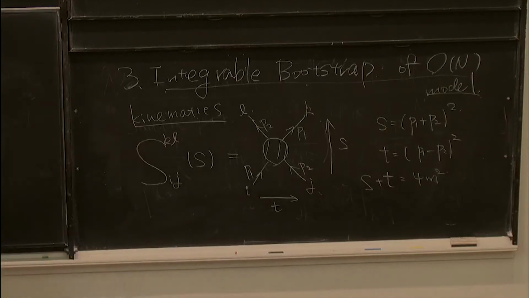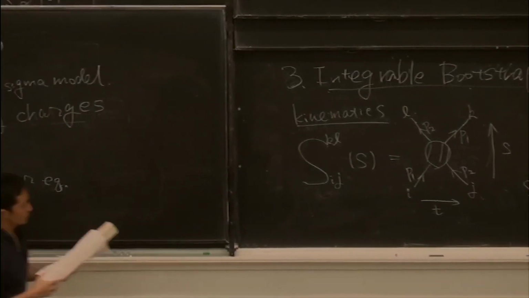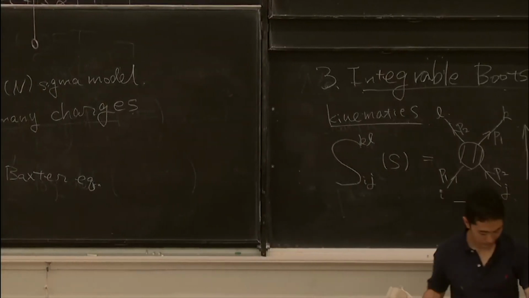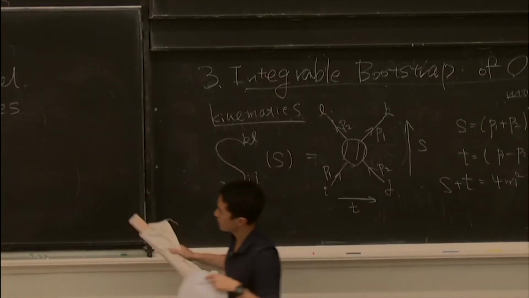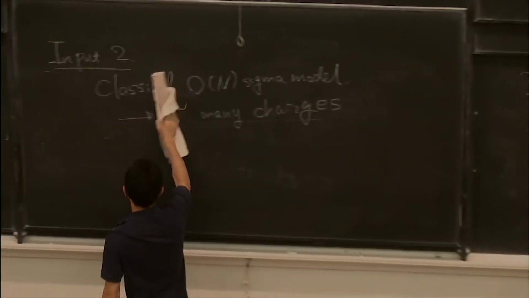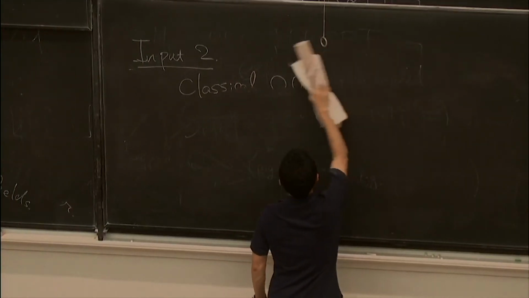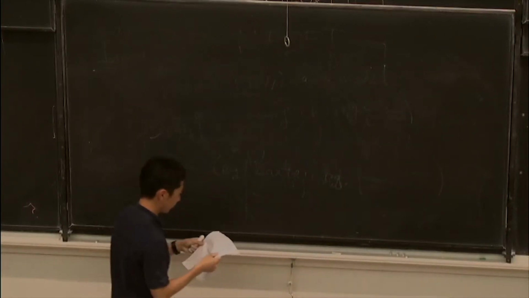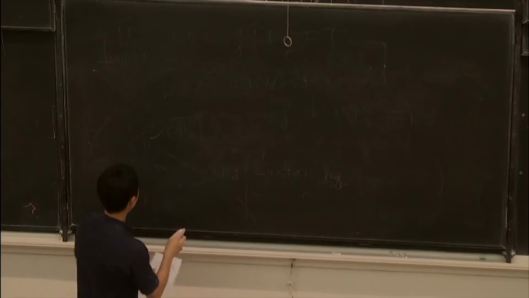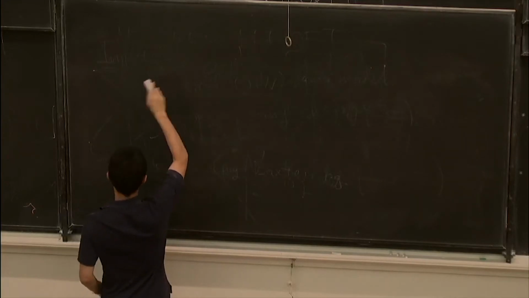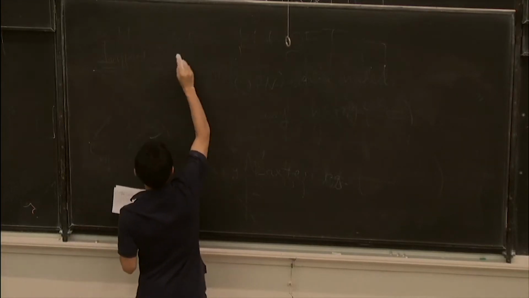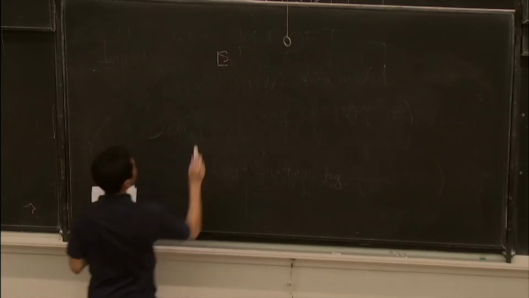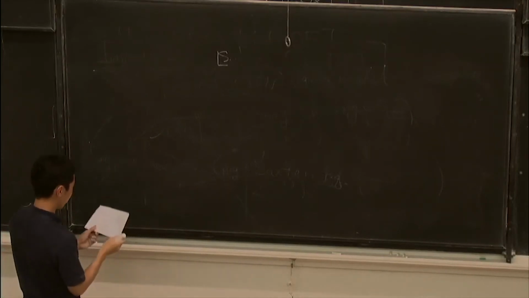So this is just kinematics, but to discuss two-dimensional scattering, there is a better way to parameterize the Mandelstam variable, which is called the rapidity variables. First, let's talk about the analytic property of the S matrix in the S plane, where S is the usual Mandelstam variable.